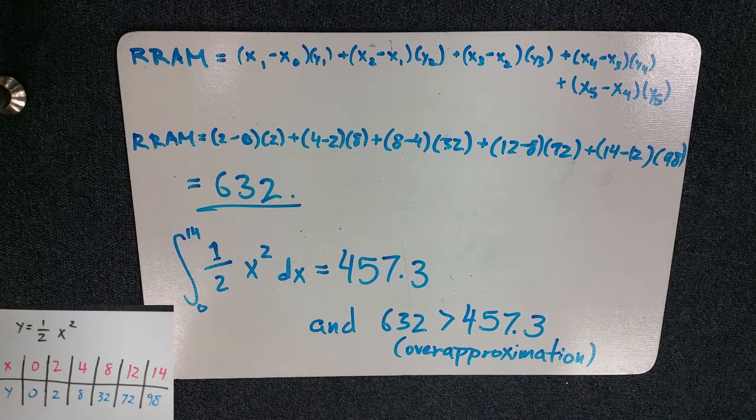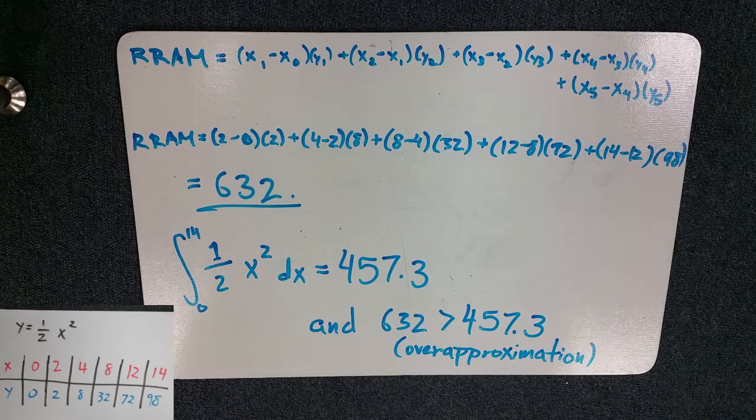Plugging in the values, the RRAM equals 2 minus 0 times 2 plus 4 minus 2 times 8 plus 8 minus 4 times 32 plus 12 minus 8 times 72 plus 14 minus 12 times 98, which gives us 632.